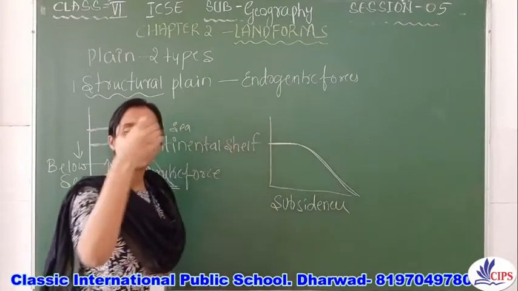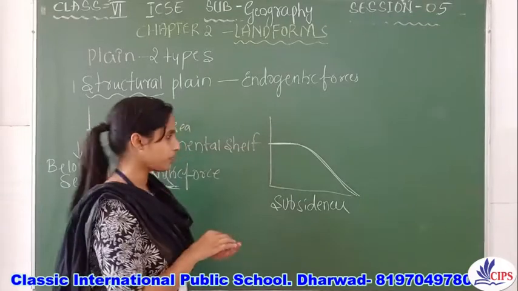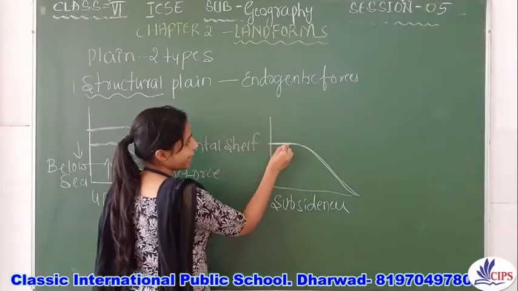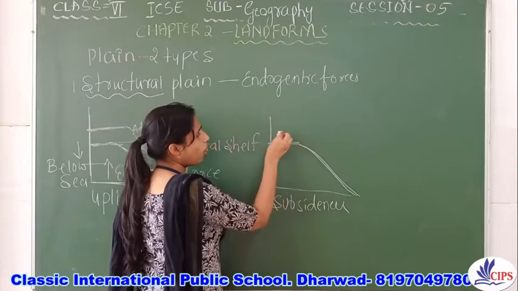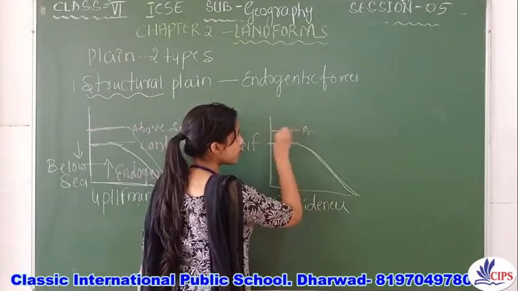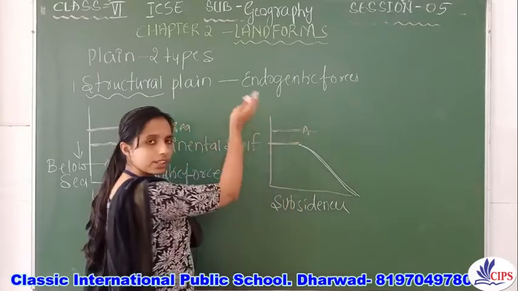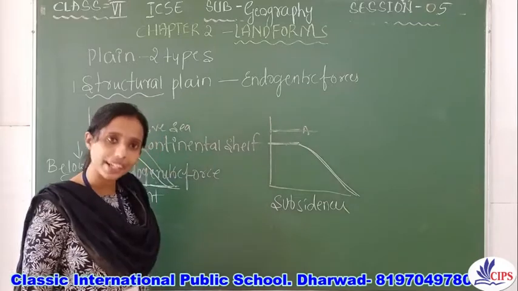Again, because of the endogenetic forces which come from deep within the earth, the area which was here, let's take this area point A, is above the sea now, a land area above the sea water.